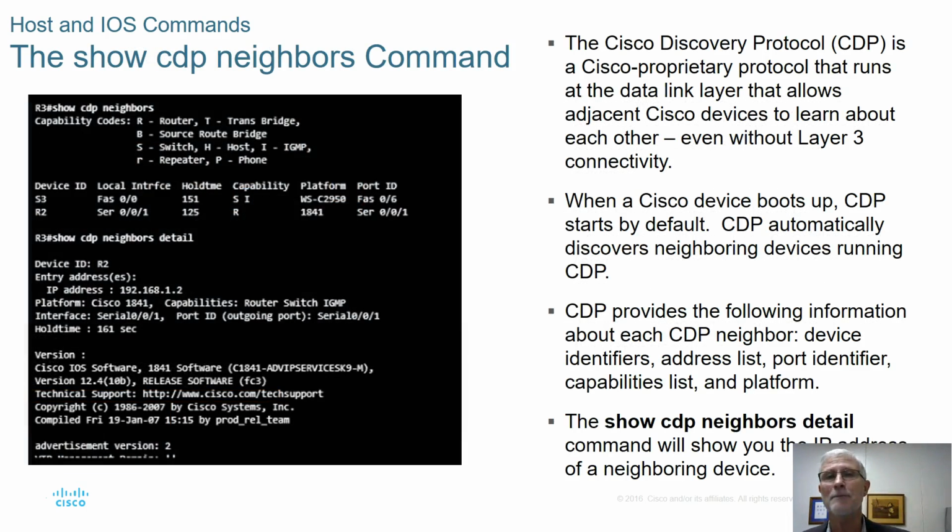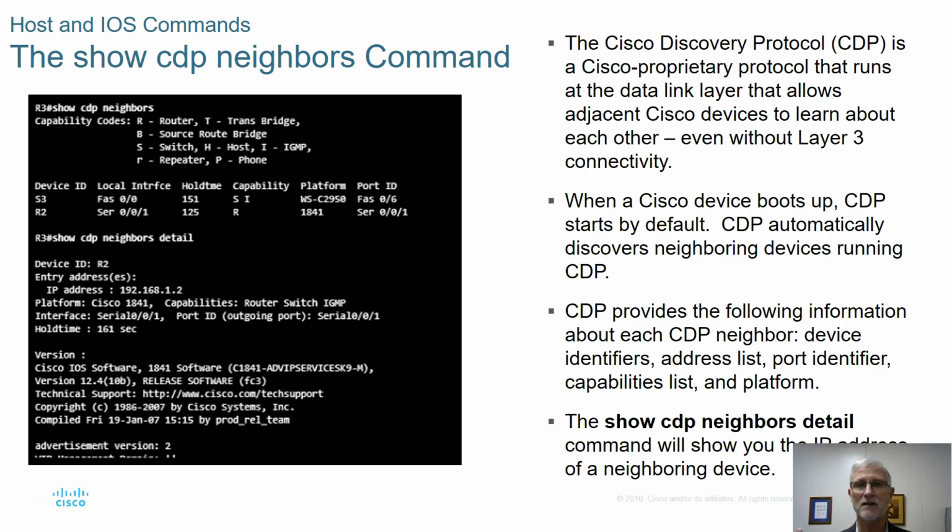The show cdp neighbors command. CDP is Cisco Discovery Protocol, and it runs at the data link layer, but it allows you to learn about neighboring devices, even if you don't have layer 3 connectivity.